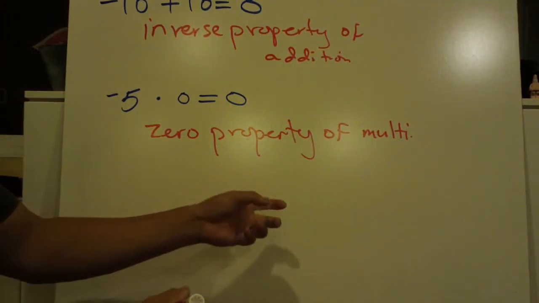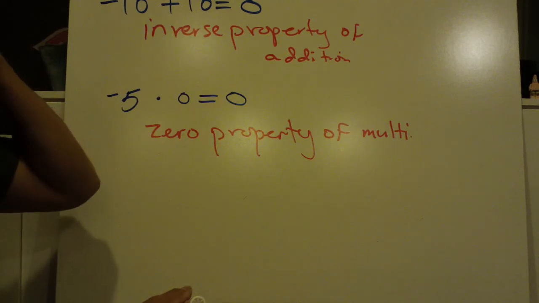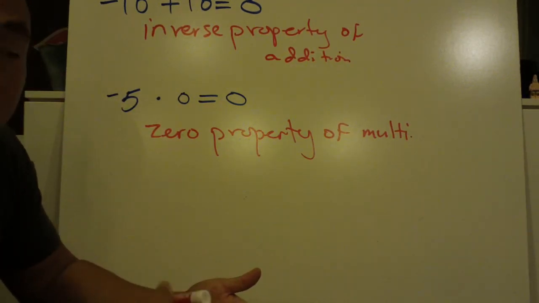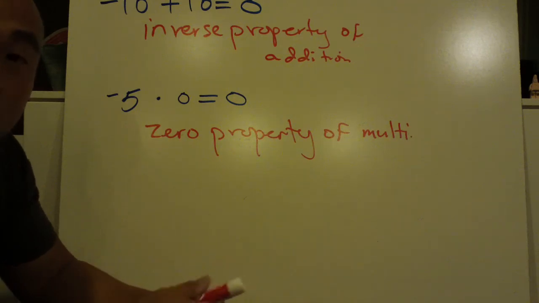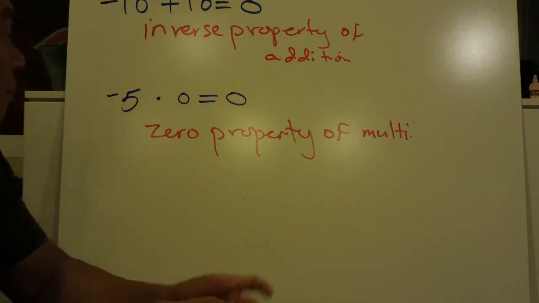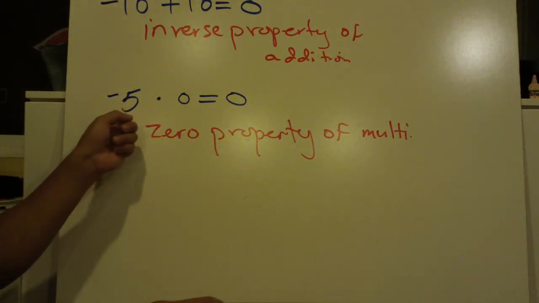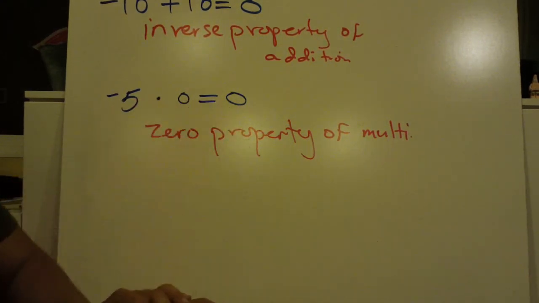There is a 0 property of addition, but if you notice, the 0 property of addition is similar to the identity property, where no matter what you add, you're still going to get that same number. So in this one, 0 property of multiplication just basically means anything that you multiply to 0 is going to get you 0. Alright.